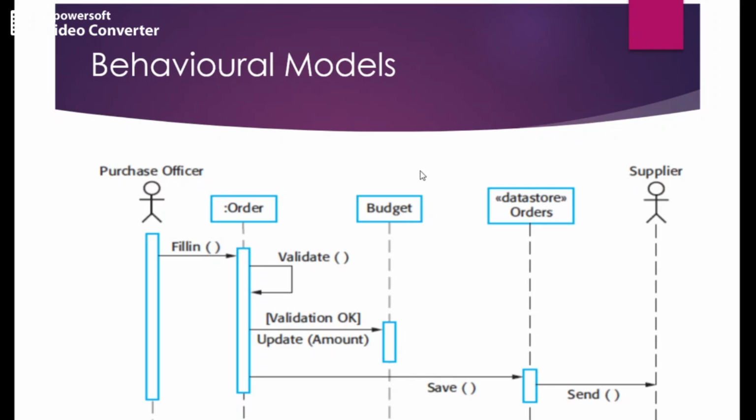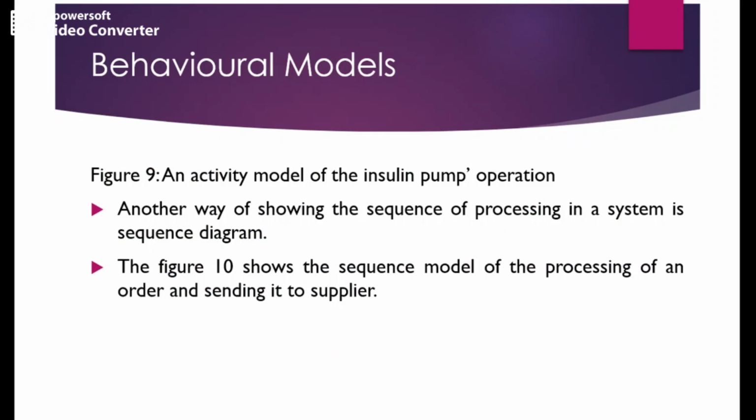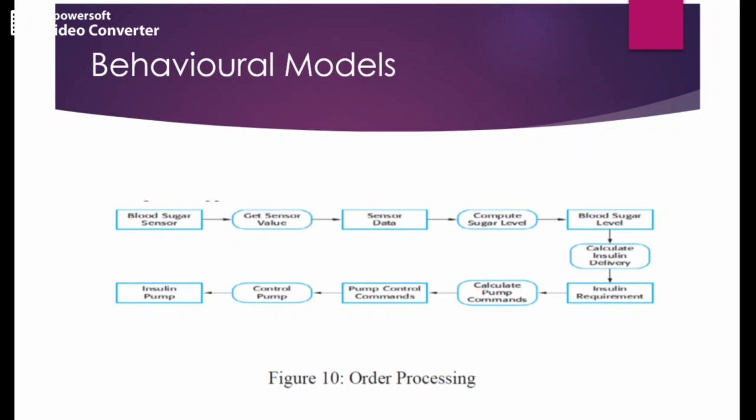Then you have budget, data store orders, then supplier. The supplier is going to provide those orders. Figure 10 shows the sequence model of the processing of an order and sending it to the supplier. In detail we will see here.